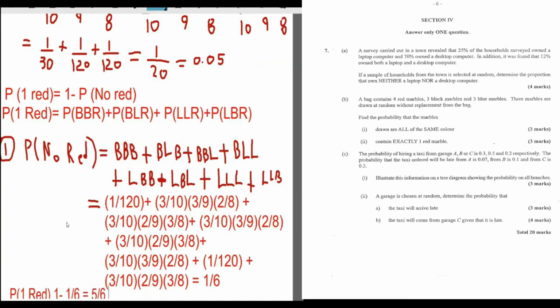So there's a very high chance you will get a red. So that's it. The probability of one red is 5 over 6. Nice and easy.